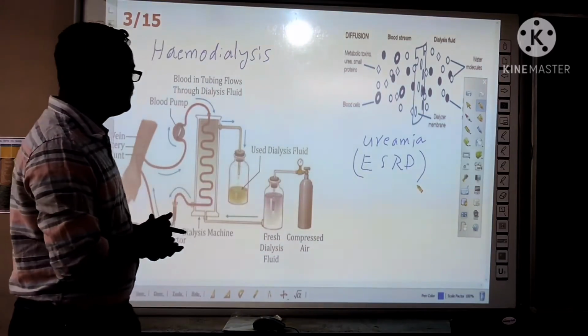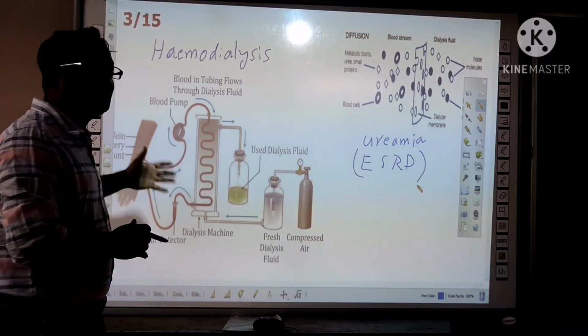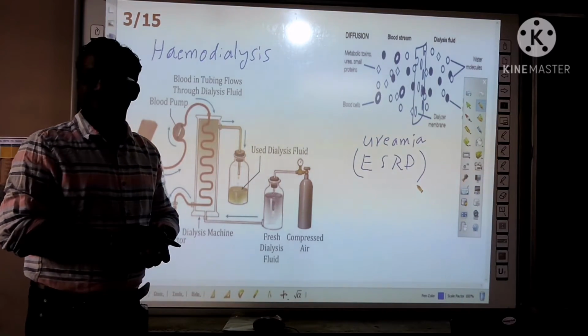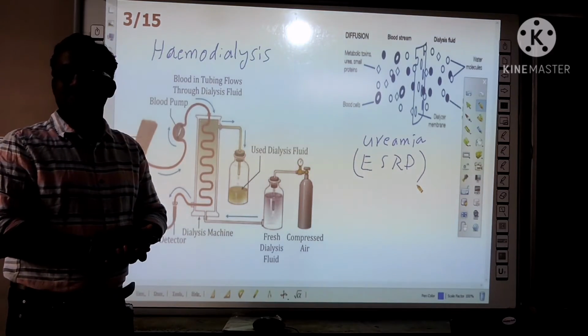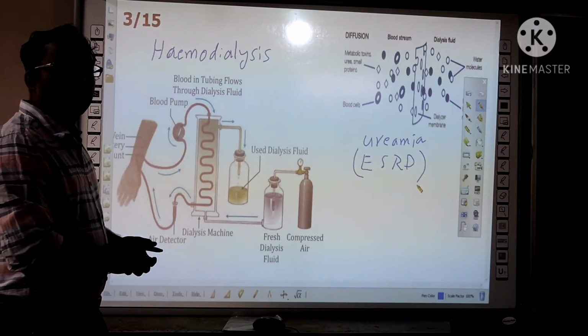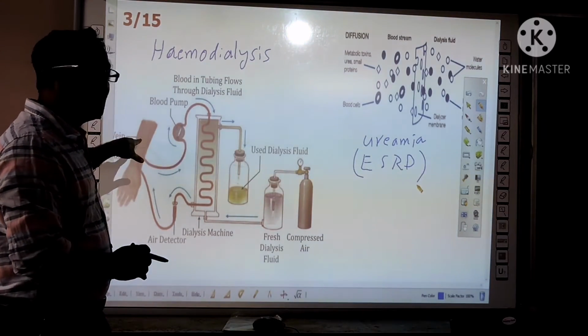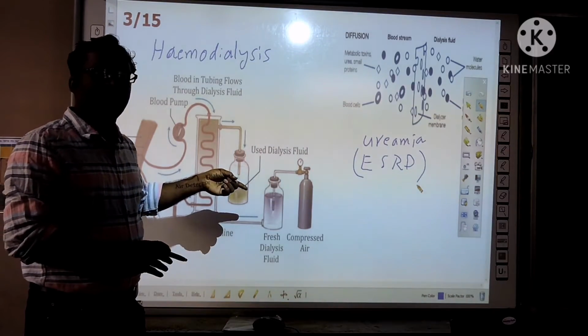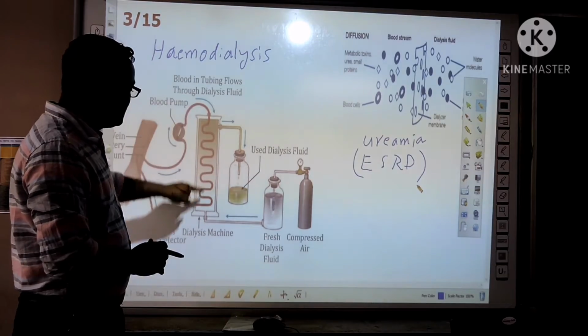The fissure is called stent. First, doctors create the stent in the hands. So after the fixation of the stent, the blood is taken out from the main artery. From the artery, the blood is pumped into the dialysis machine.